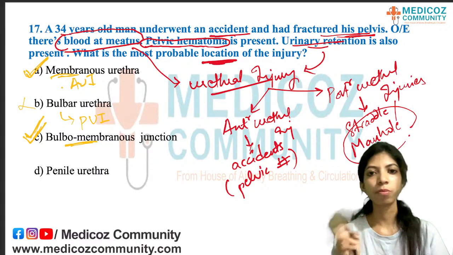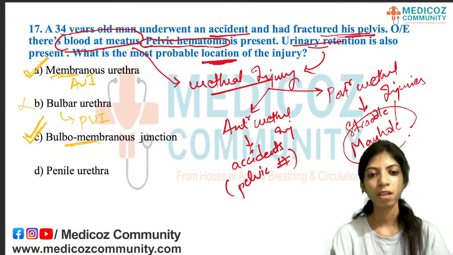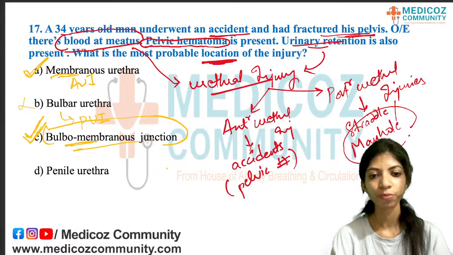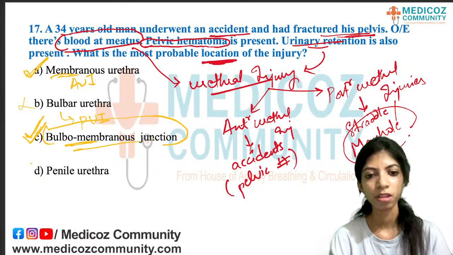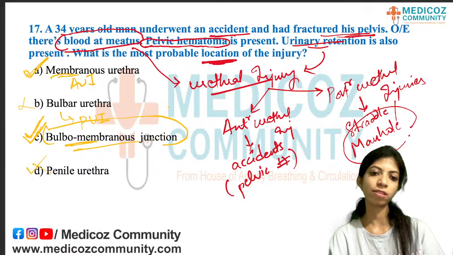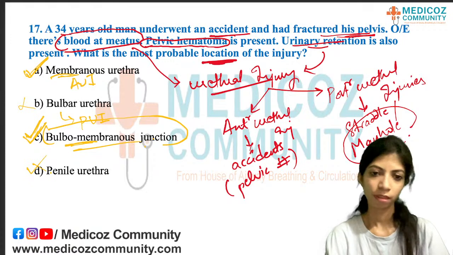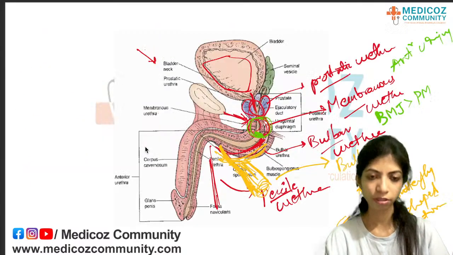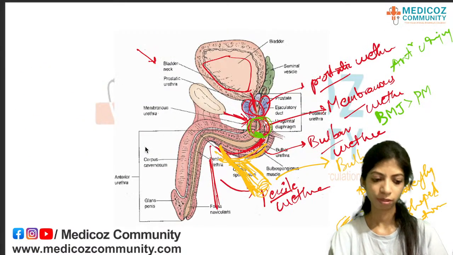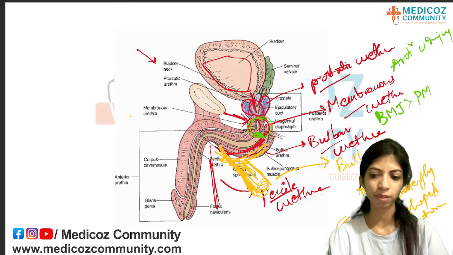But if it is a multiple-answer question, you can mark both, or if he is giving only membranous, you can go for membranous. When he is giving both, you'll go for bulbomembranous junction. And option D, penile urethra, this is not involved. So our answer is option C. I hope this is clear to you. Okay, let's go to the next question.